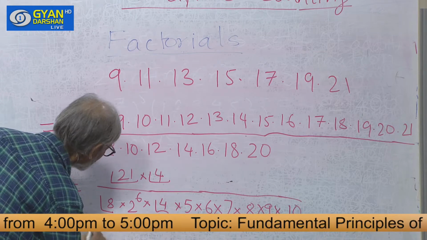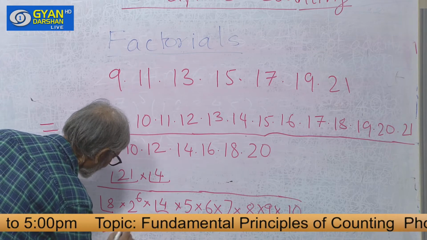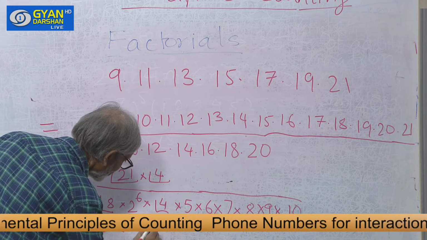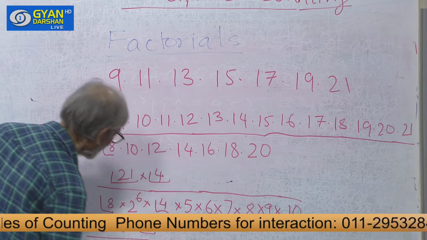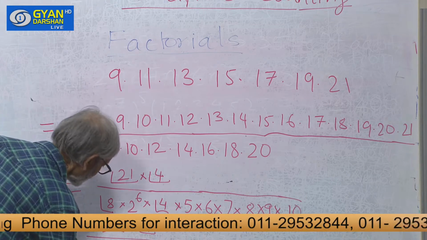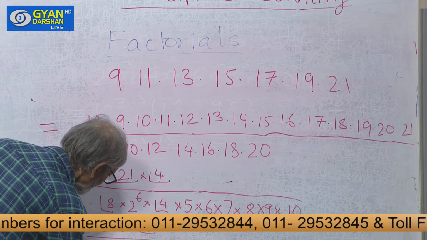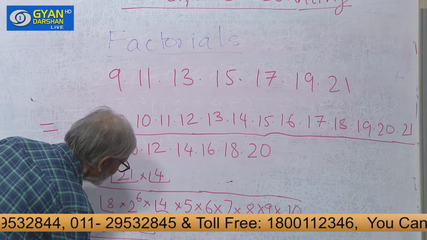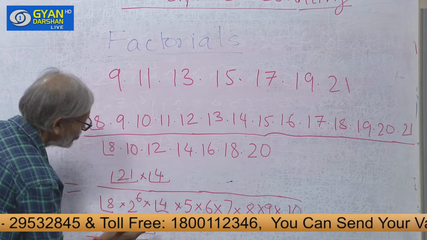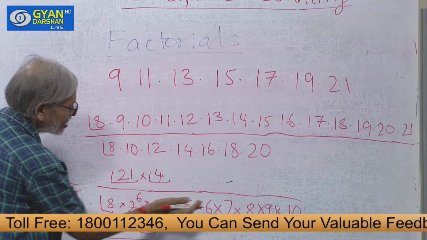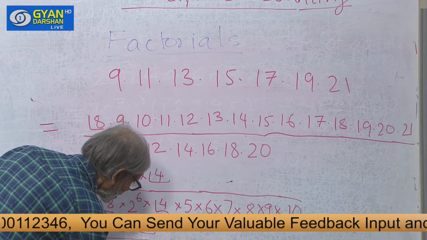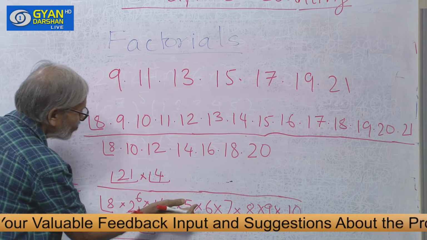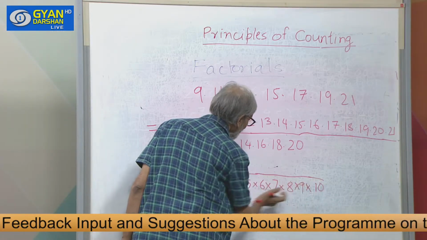So, this will be equal to factorial 21 multiplied by factorial 4 divided by 2 to the power 6 into factorial 8 into factorial 10, because till factorial 4 is here, then 5, 6, 7, 8, 9, 10.